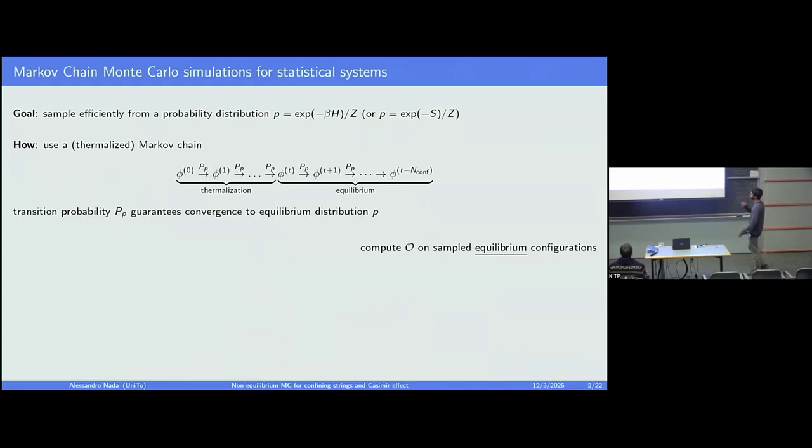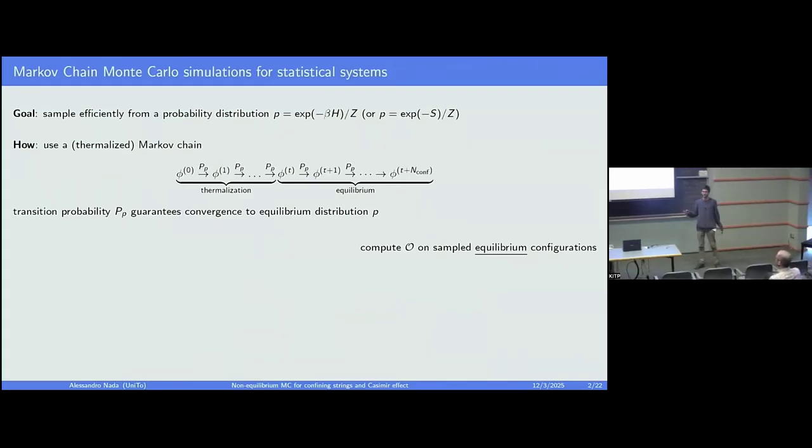So let's just revisit how a standard Markov chain Monte Carlo works. The idea is that we want to sample from a probability distribution P, and a very efficient way to do so usually is through a Markov chain. Every time you do a Markov chain, you usually undergo a thermalization process.